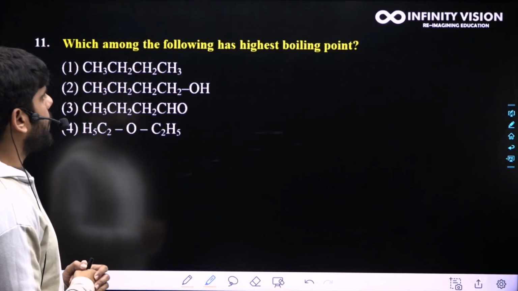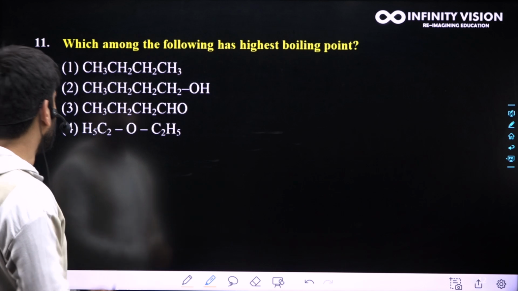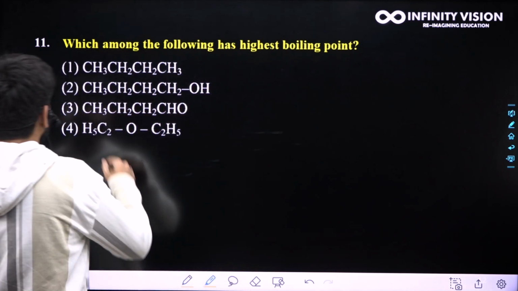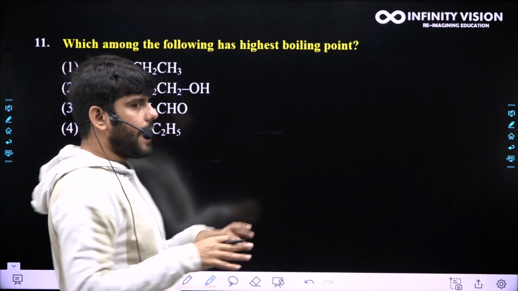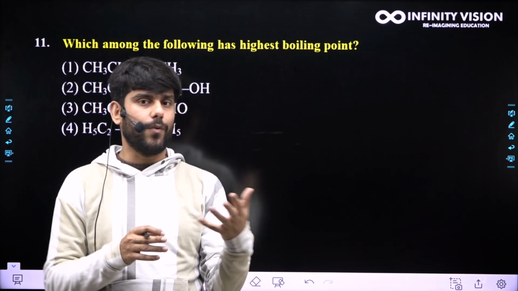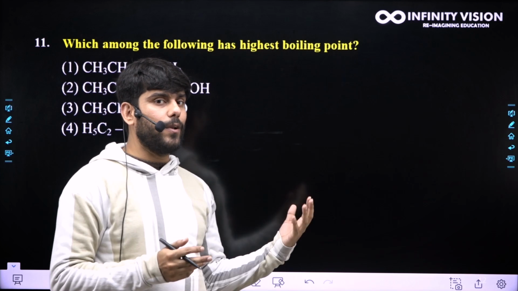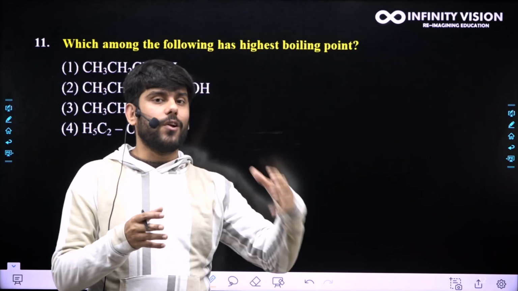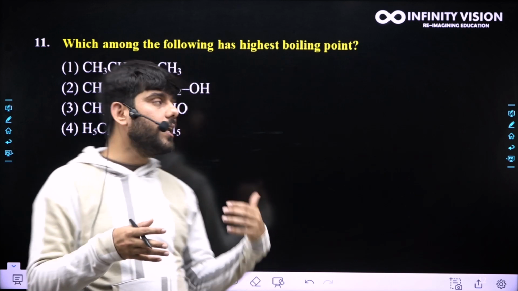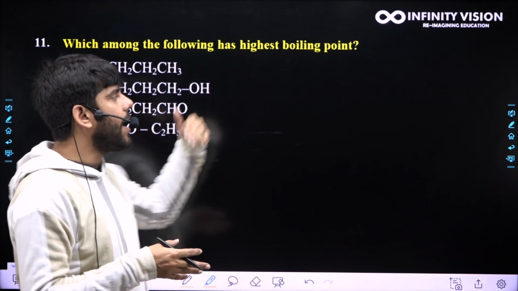Which among the following has the highest boiling point? Now we know that alcohols have higher boiling points. Why? Because they are capable of undergoing intermolecular hydrogen bonding. The molecules are associated via hydrogen bonding, and hence they have higher boiling point.